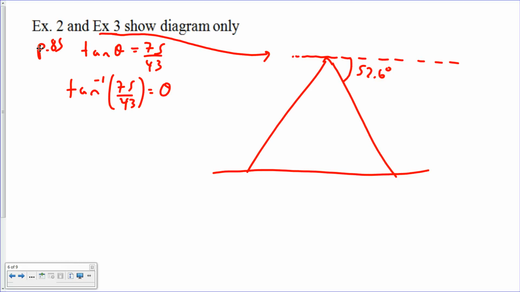And also notice that if you were to use a right triangle here, this angle here is the same exact angle as that one there because those are alternate interior angles. And when you put this as 52.6, now you can use the inside triangle and get your answers from that. So that's a time when you can use alternate interior angles.